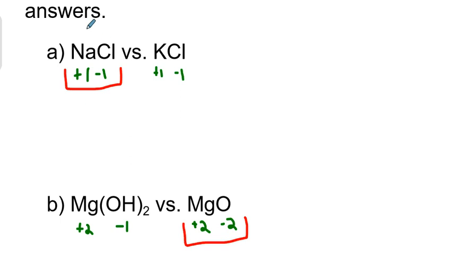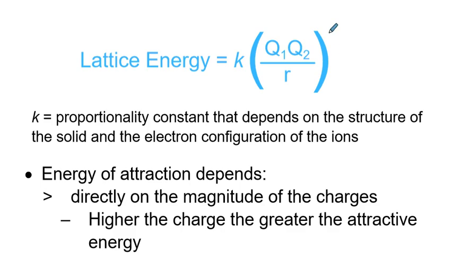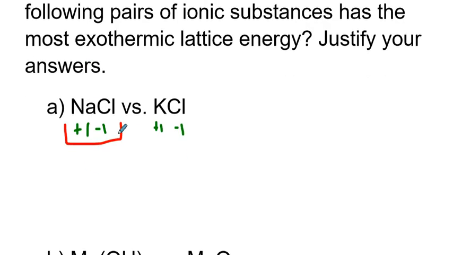So NaCl has a larger lattice energy than KCl. Now, if we look at this, this is a +1 and a -1, and so is this and this. So going back here, the only factors that play into it are charge and distance. Well, they have the same charges, +1, -1, +1, -1, but Na, sodium here, is smaller than potassium.